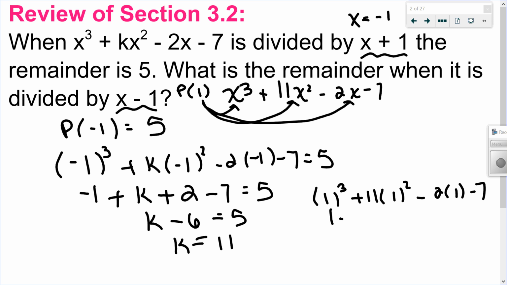So I have 1 plus 11 and then minus 2 minus 7. Combining all of my terms together, 1 plus 11, take away 2, take away 7, and I get a value of 3. So the value of my polynomial at 1 is 3, and 3 is therefore the remainder.